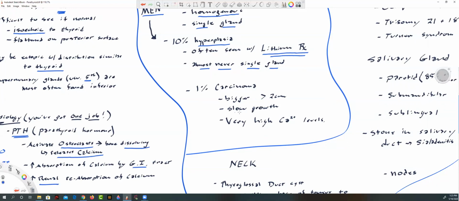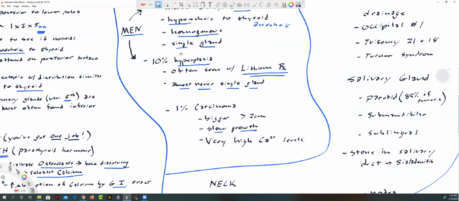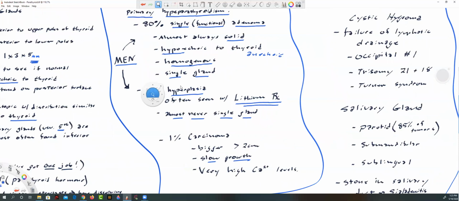Fortunately, it has slow growth. Remember, guys, if it's a single gland increased in size, it's not hyperplasia.